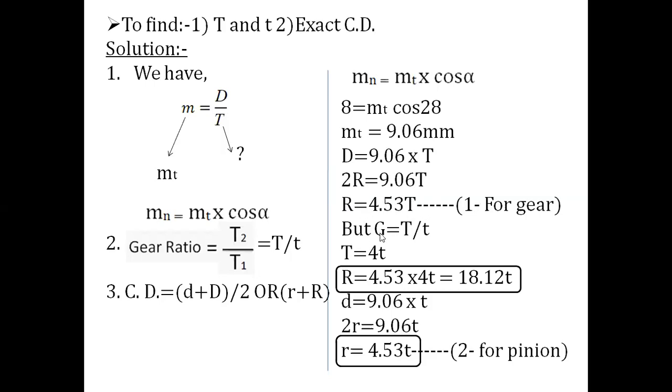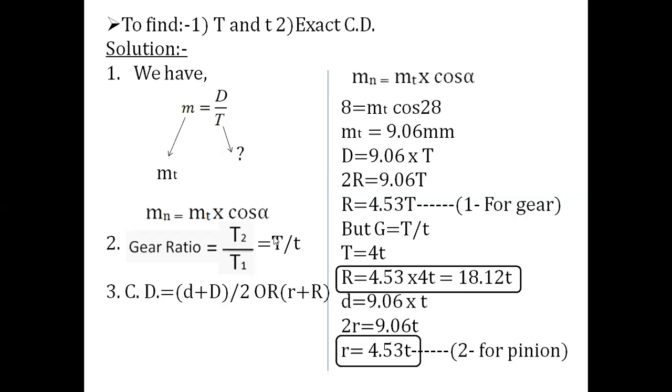Okay. But what is gear ratio G? G is given as the ratio of the number of teeth on the driven divided by the number of teeth on the driver. What is T2? That is the number of teeth on the driven wheel.